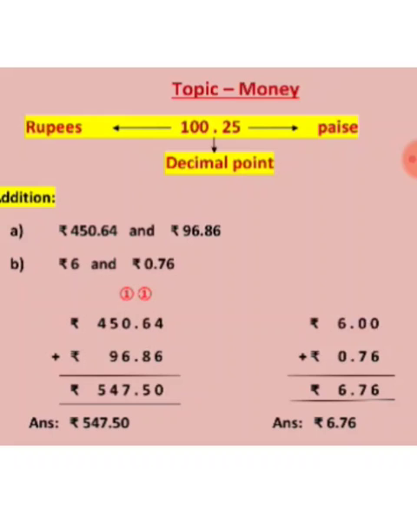Look at the first sum. Addition first. Part A. Here I gave the sums first in the form of a row and then I arrange the numbers column wise. Look at the numbers carefully. First of all, rupees 450.64 and rupees 96.86.